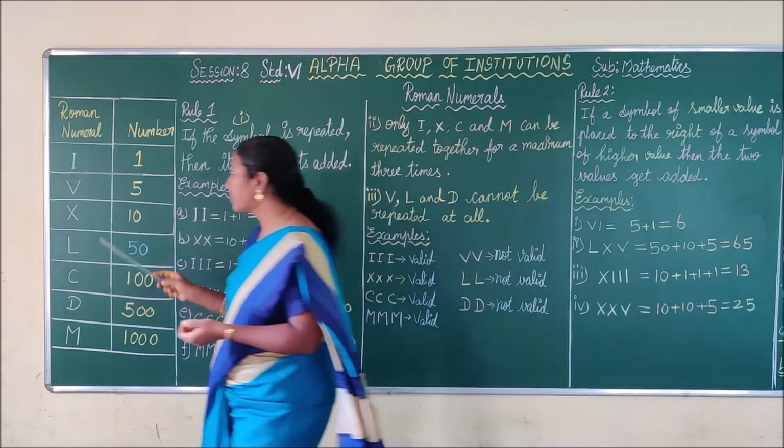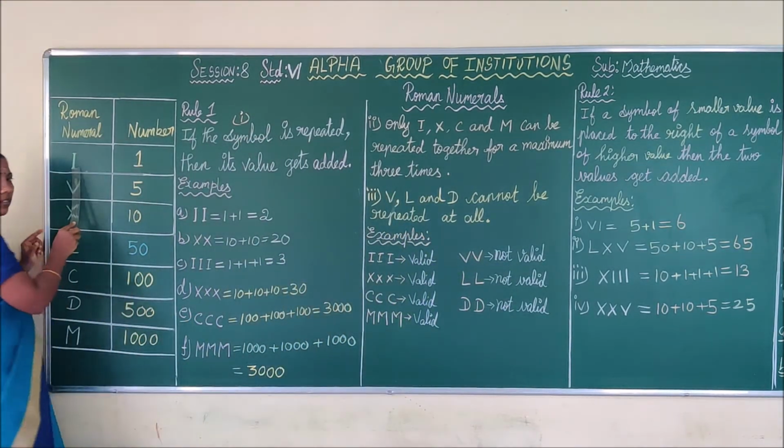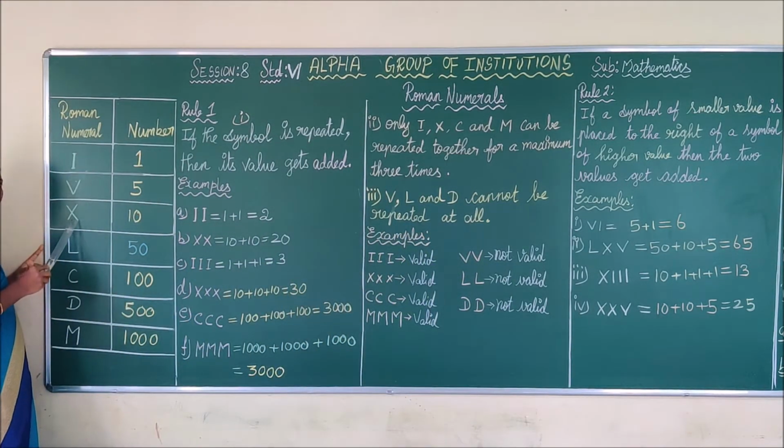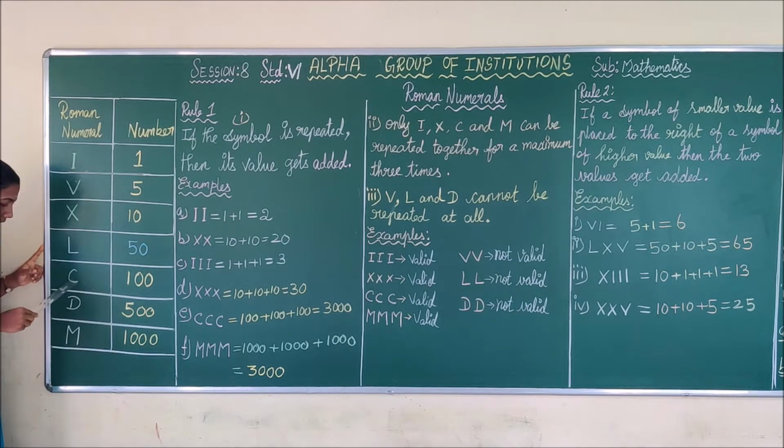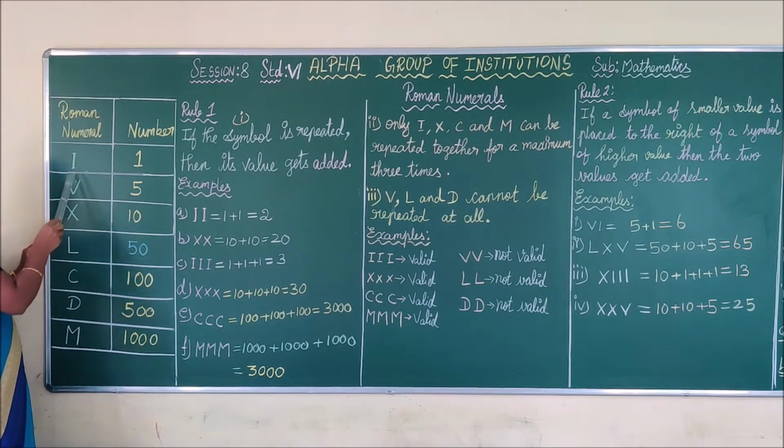Okay, see here. I, V, X, L, C, D, M. These are the 7 letters used in the Roman system of numeration. What is the value I takes? 1. What is the value V takes? 5.